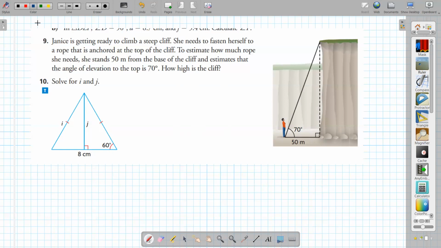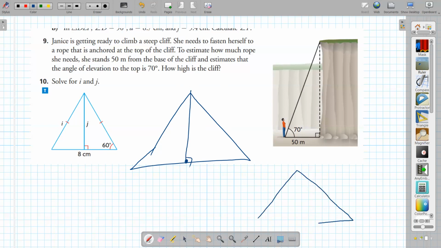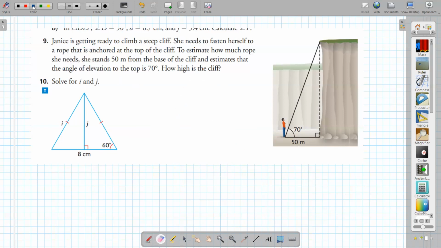But it doesn't say it's the midpoint or anything. So you have an isosceles triangle. Does it cut it in half? Let's see if I can draw one. Does it always cut it in half? I think it does. But if you're not sure, here's another way of doing this.